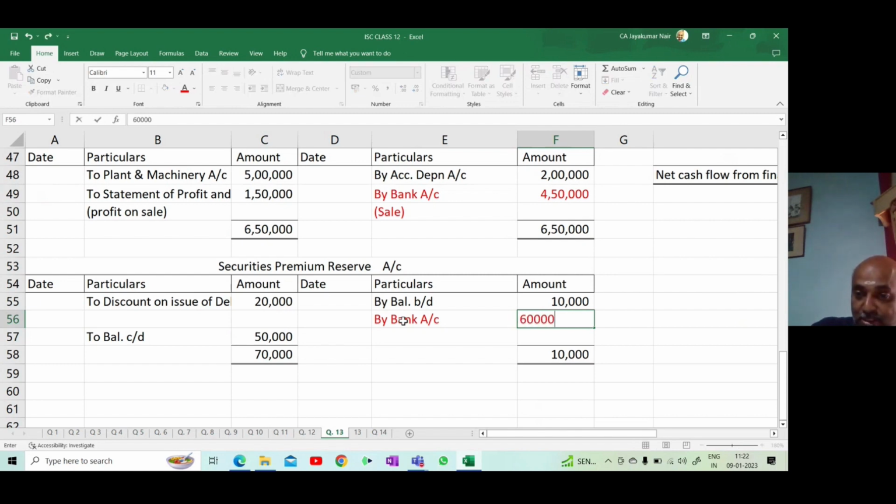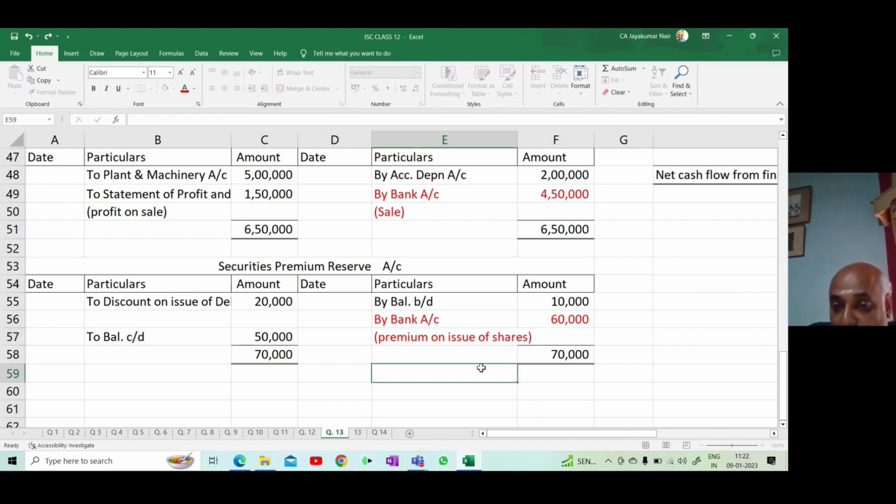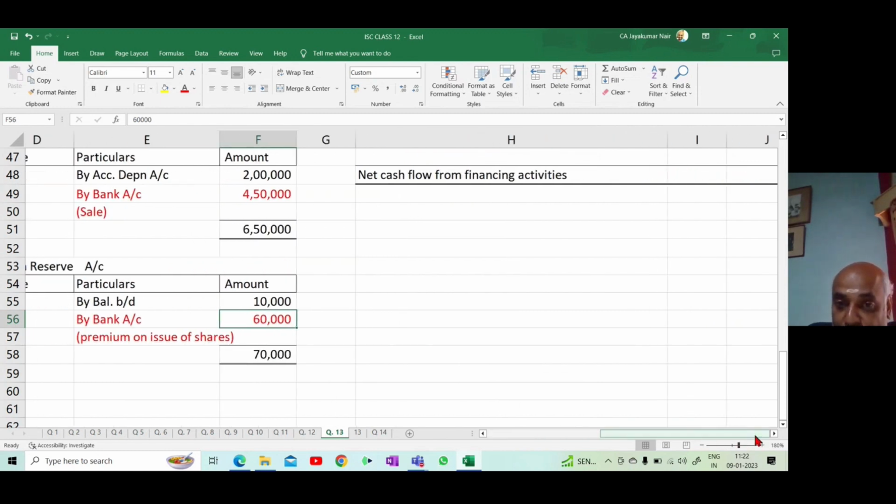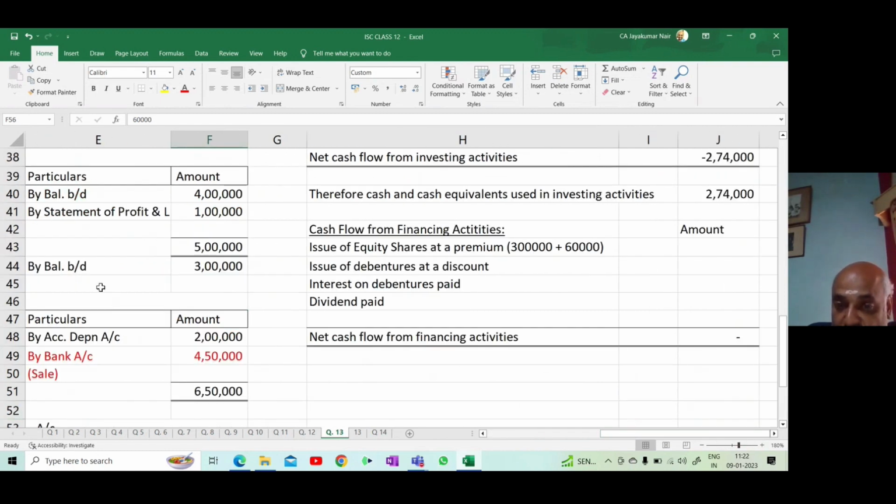The balancing figure, which is 60,000. So this is the premium on issue of shares. So the total amount that you have received will be the face value of the shares, 3 lakhs, plus 60,000 securities premium reserve, which is 3,60,000, because this is a receipt.